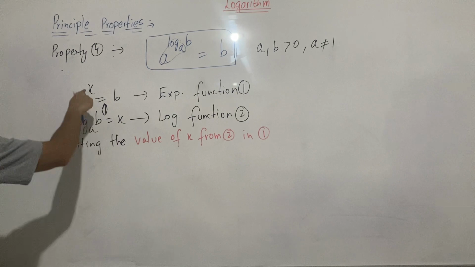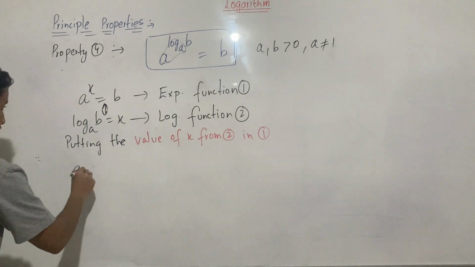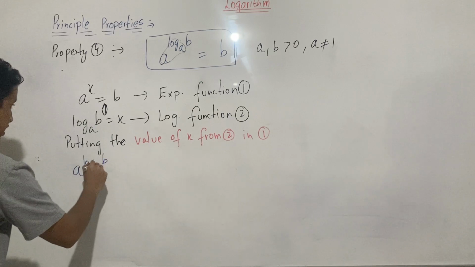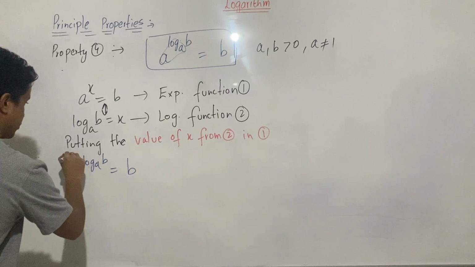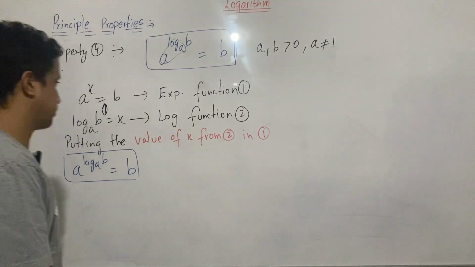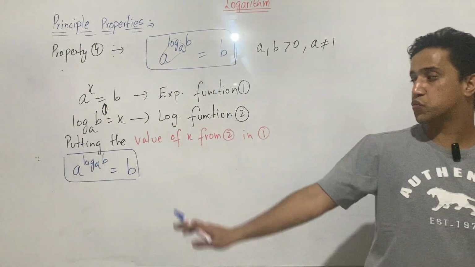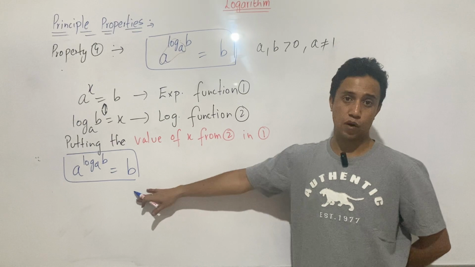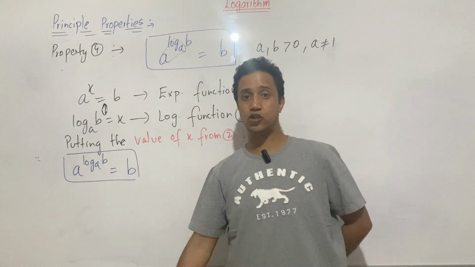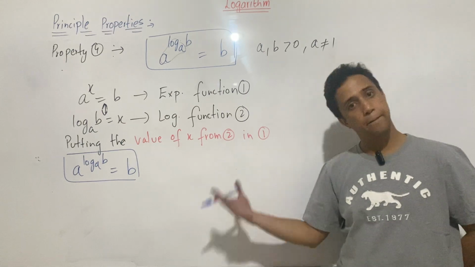So you can put this here. We will get a raised to log b to the base a equals b. So this is the result. Okay, this is a very, very important property too. So a raised to the exponent log b to the base a equals b.